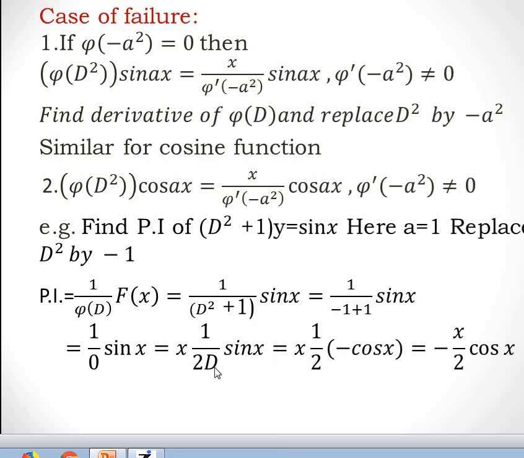So we can directly apply 1 upon D, because 1 upon D is nothing but the integration. So the integration of sin x is −cos x. These two terms as they are, x upon 2 as it is, and 1 upon D is the integration. So the integration of sin is −cos. Rearranging the terms, we get −x upon 2 cos x. Okay.